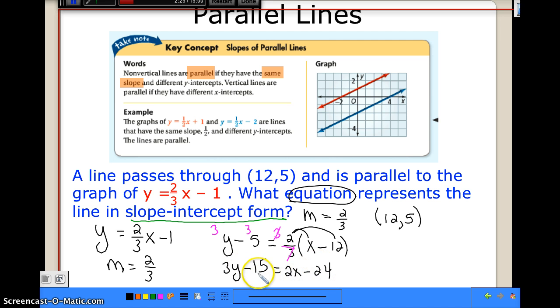Now it's in no particular order, but let's get it into y equals mx plus b by adding 15 to both sides. That will give me 3y is equal to 2x minus 9.